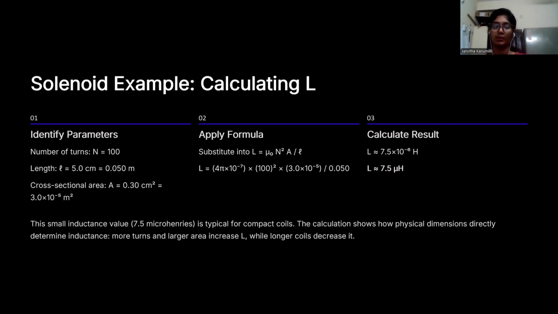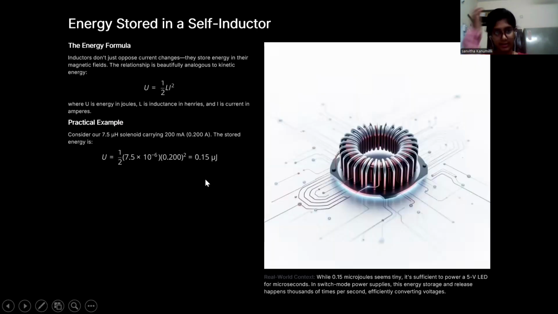And we have small l, which is the length, which we substituted as 0.050 meters. Now we are calculating results. We have approximately 7.5 microhenries. This small inductance value of 7.5 microhenries is typical for compact coils. The calculation shows how physical dimensions directly determine inductance. More turns and larger area increase capital L, while a longer coil decreases it.